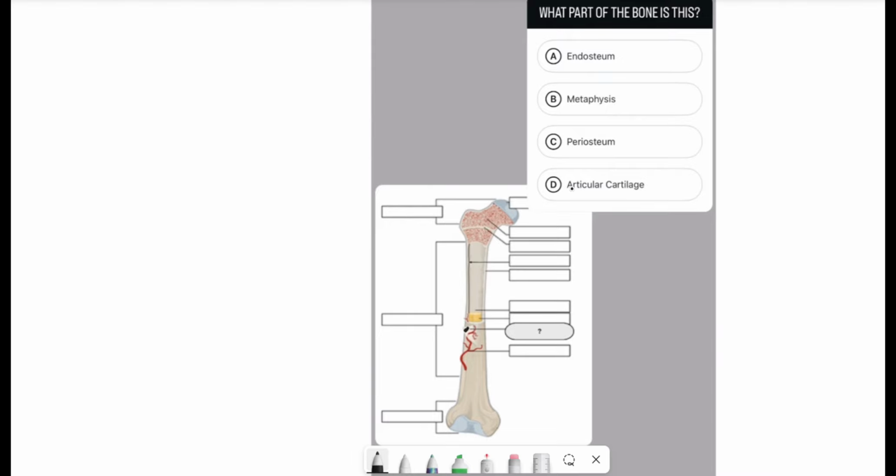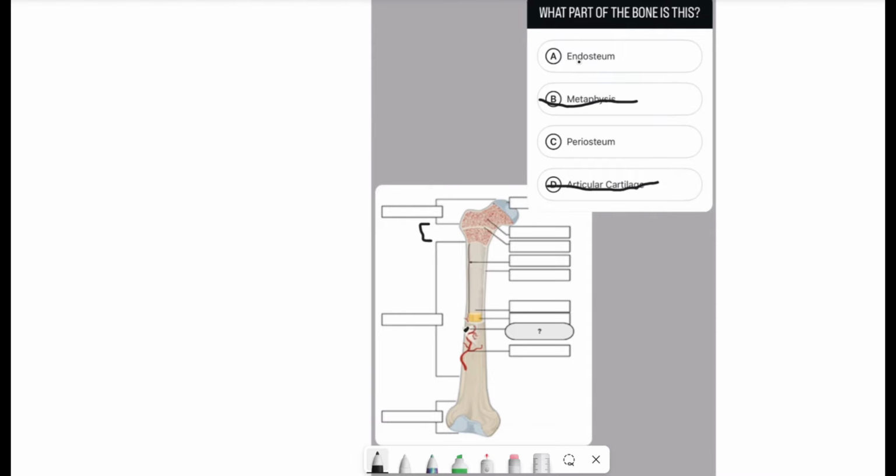So articular cartilage is going to be at the proximal epiphysis and distal epiphysis, so it's not that, so we can cross that out. Metaphysis, that's this region right here that connects the epiphysis to the diaphysis, so it's not that.